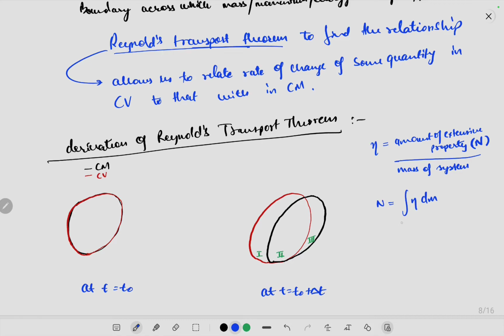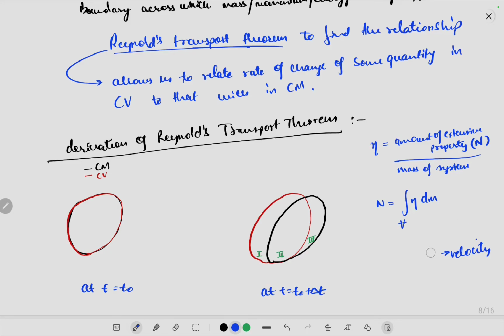Integrated over volume V. So from now onwards I'll write volume denoted like this, so that there is no confusion between velocity and volume. Okay, so this would denote velocity and this would denote volume.